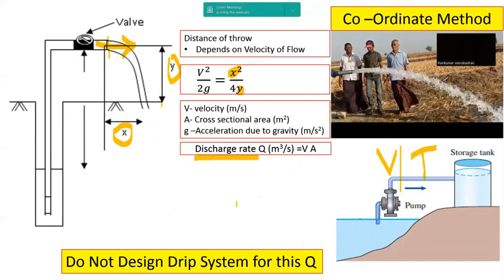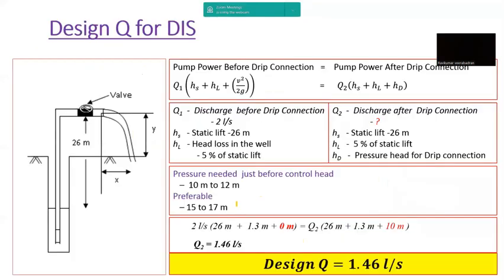So let us see now how we can find out how much discharge we will get if we connect the drip irrigation system with the existing pump and pipe.